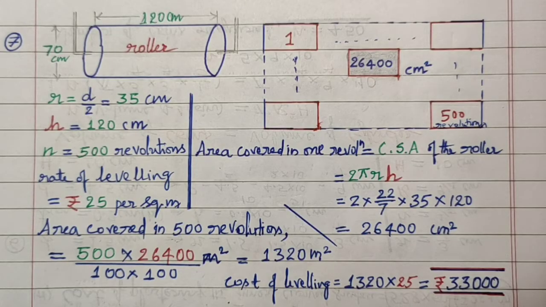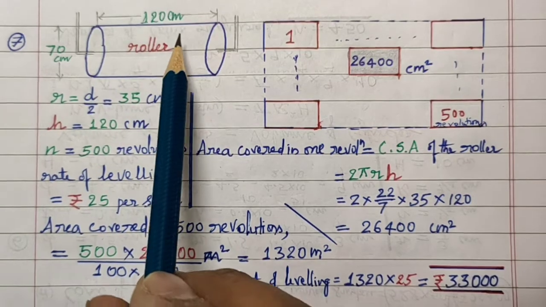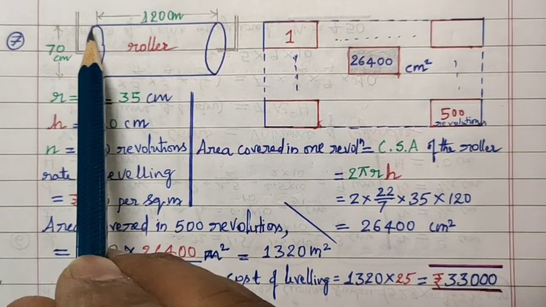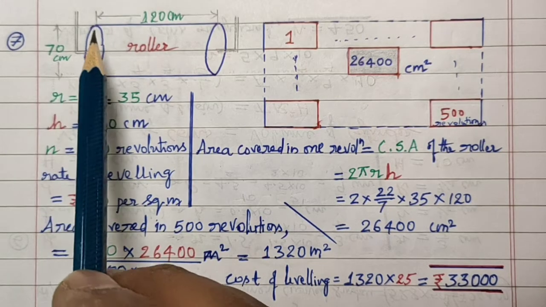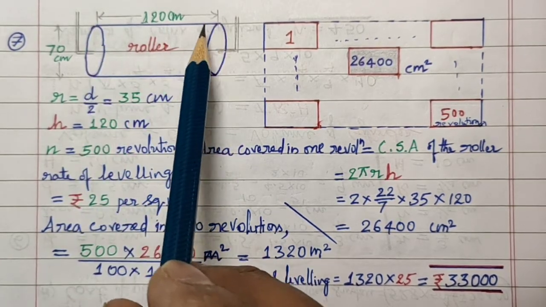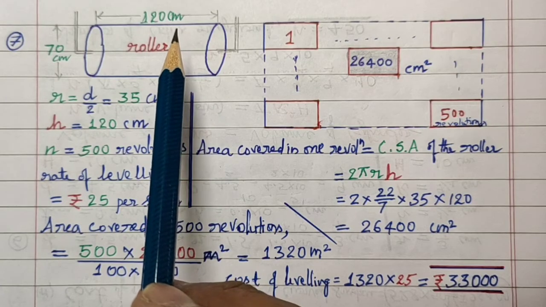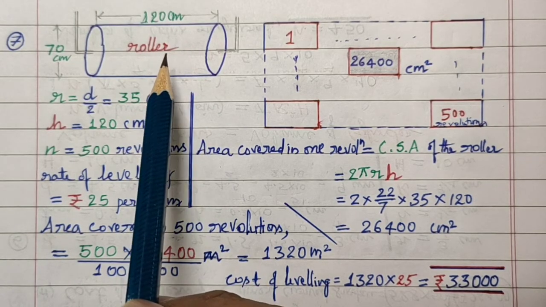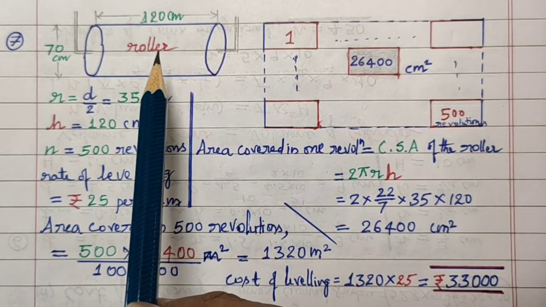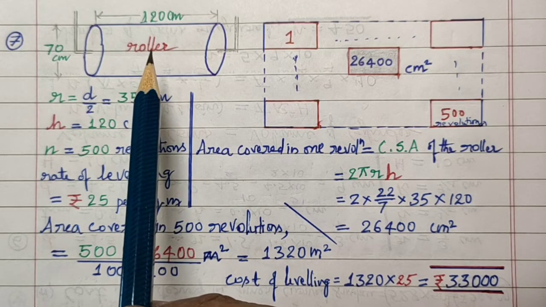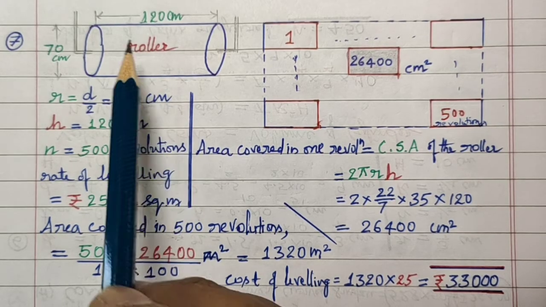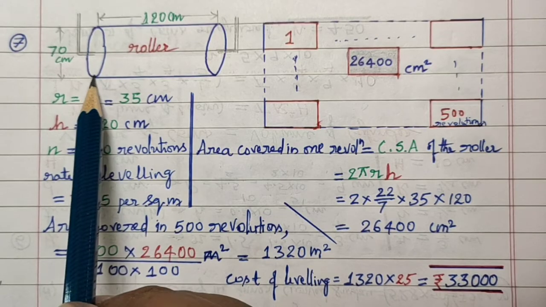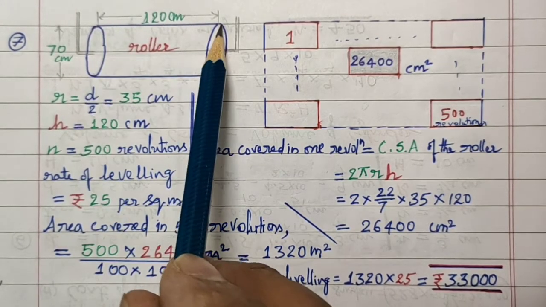The diameter of a roller, this is a roller, the diameter of the roller is 70 centimeters. The length of this roller is 120 centimeters. If it takes 500 revolutions to level a ground, determine the cost of leveling at the rate of rupees 25 per square meter. This is the diameter of the roller, this is the length of the roller.